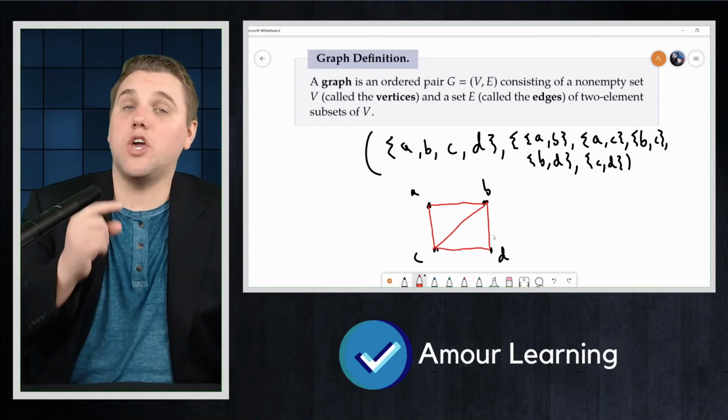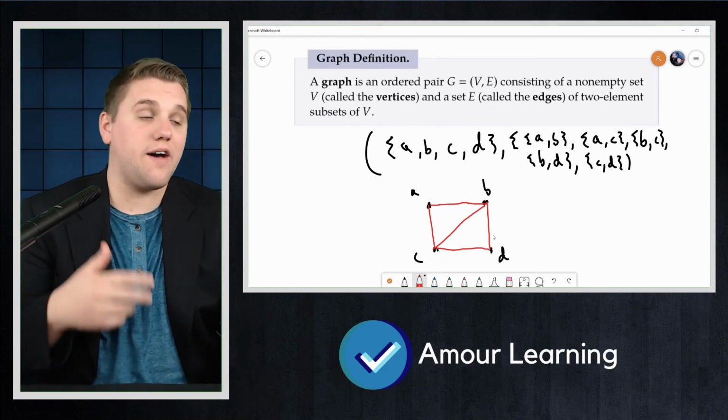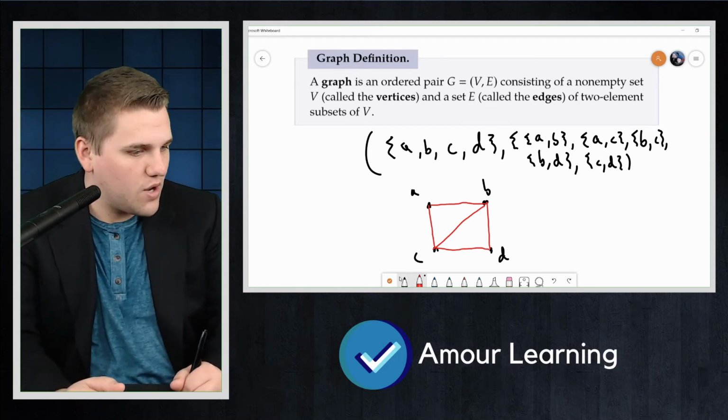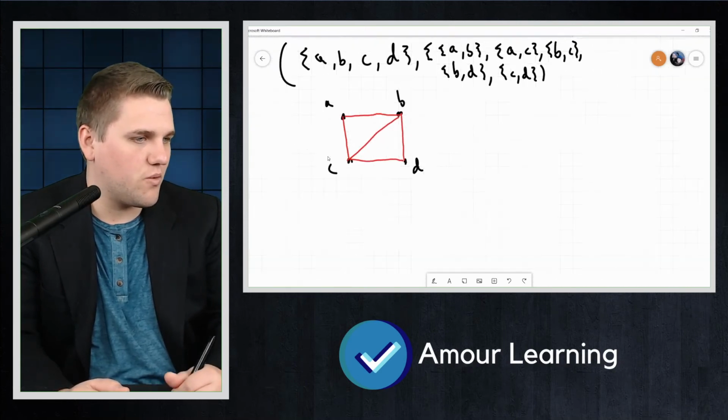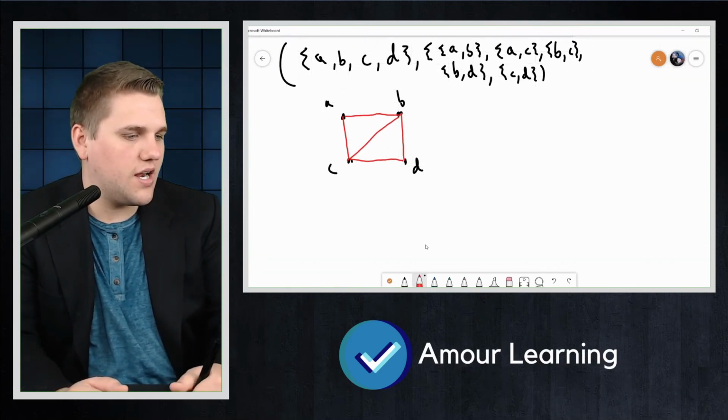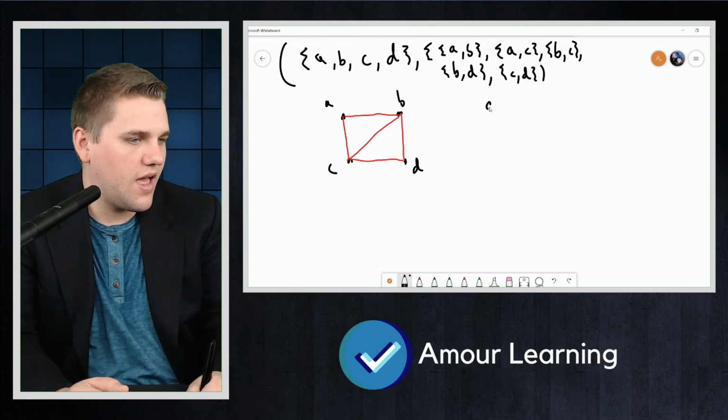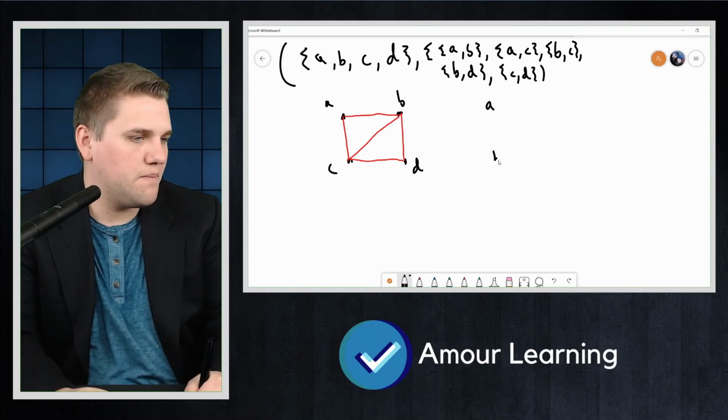However, we could also have drawn the graph differently. There are many ways to draw this graph, in fact. We could have done A here, B here, C here, and D here.